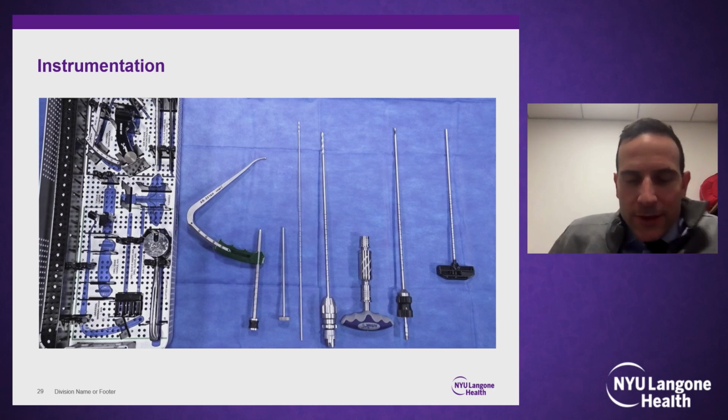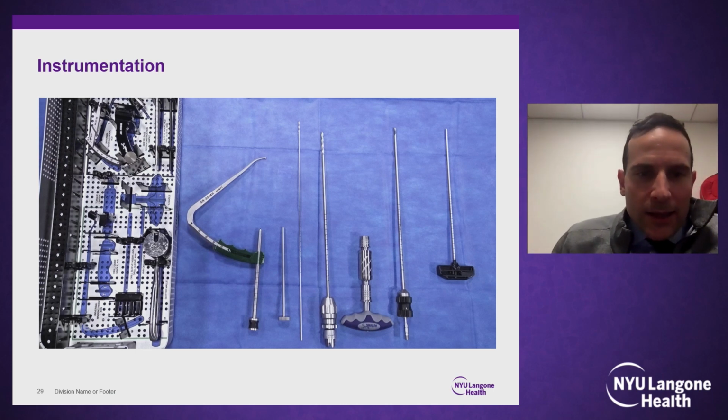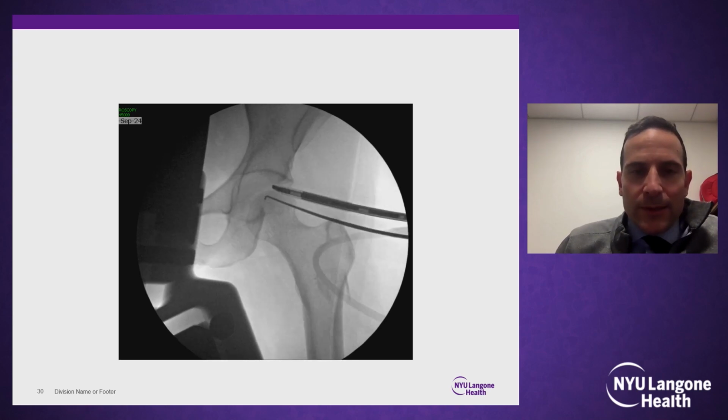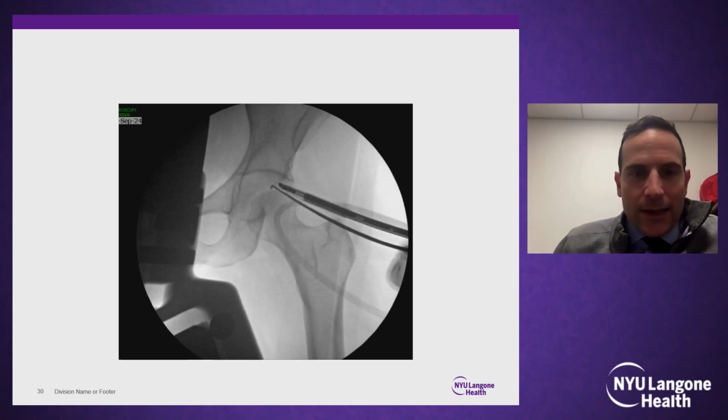So this is the kit using this specialized guide. Certainly there are other ways to do this arthroscopically, but the idea is that this guide is unique in that it can get into the hip, and the end of it can be placed directly over that lesion. And then the rest of the system really provides a way to expand the reamer and locate it properly.